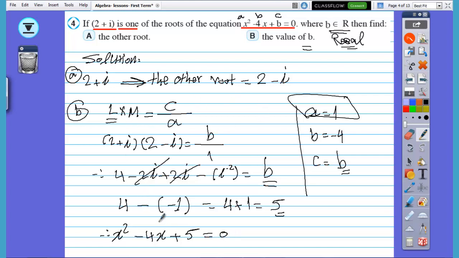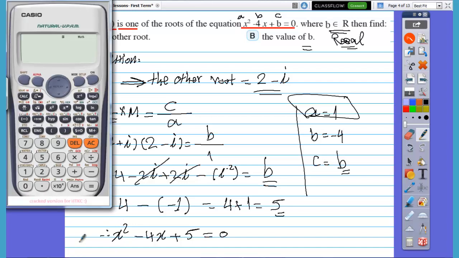We can find the two roots of the equation using the calculator, and we'll see what happens. Here we have the calculator, and we write the coefficients of this equation. First we press mode, equation.